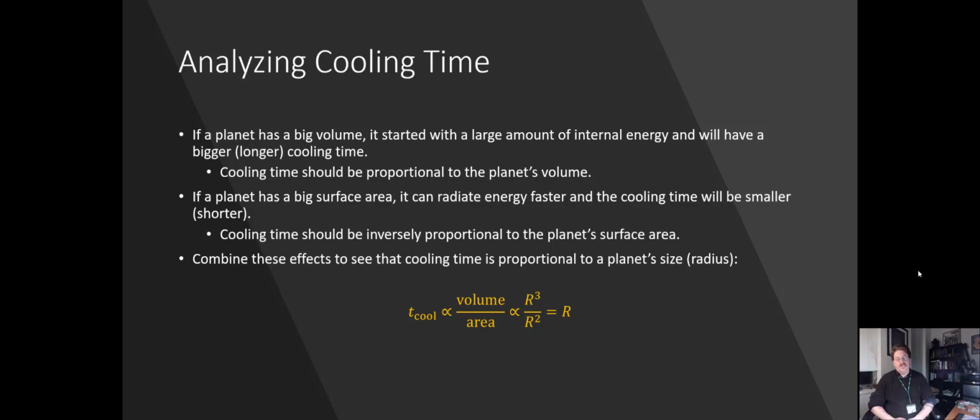That ends up being just a function of r, the radius of the planet, meaning that a larger planet is going to be geologically active for a longer time period than a smaller planet. Pretty simple, pretty straightforward. Obviously, reality is a lot messier than that, but that at least gets you the first ballpark as to why the Earth is geologically active, but Mars isn't.